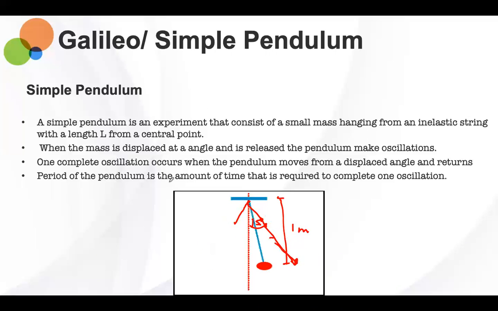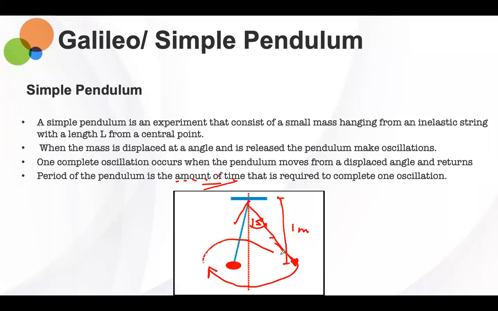Well, that is not oscillation, that's period. Period is the amount of time. The oscillation is the movement of the pendulum from one side over to the other side, and then it returns. It basically makes a cycle.